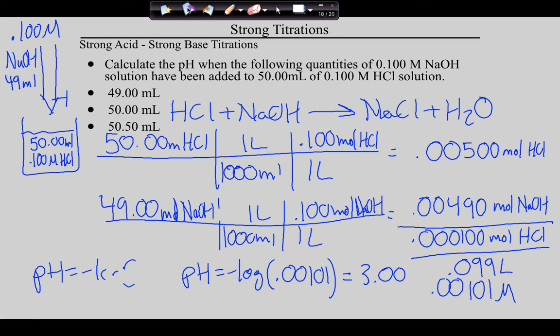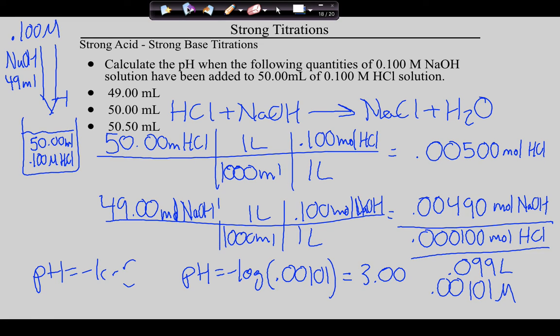So because I know that eventually I'm going to be subtracting, I would do the sodium hydroxide first and the HCl second so that the subtraction lines up. But then, guys, after that, the only difference is the volumes.